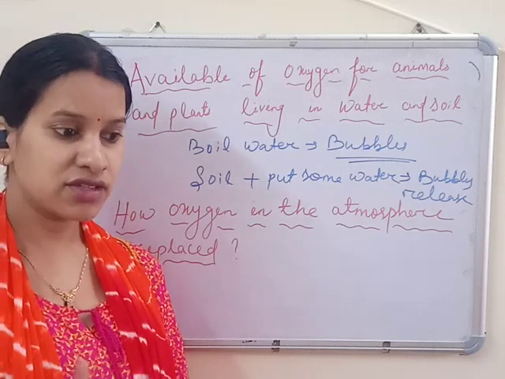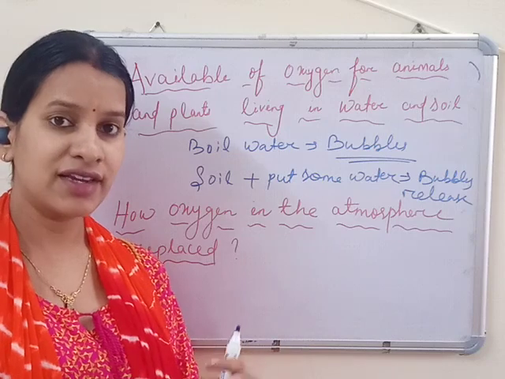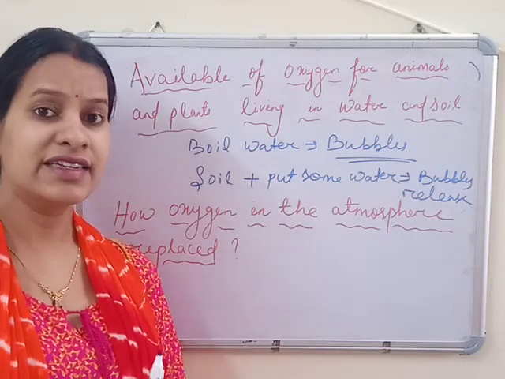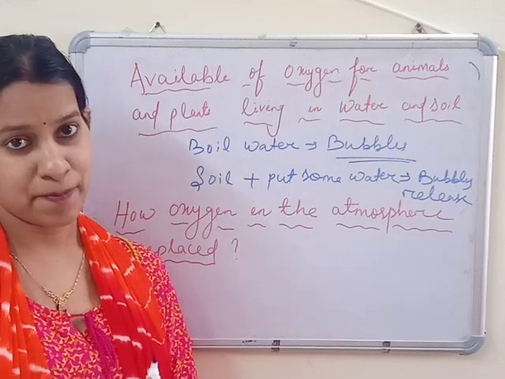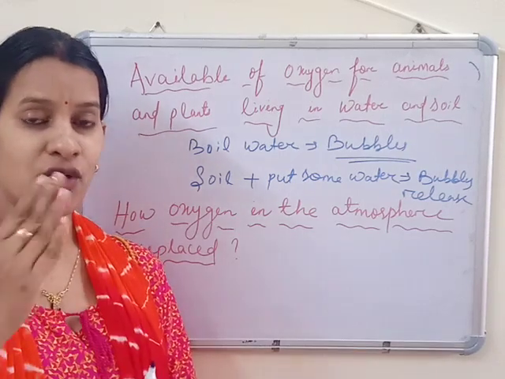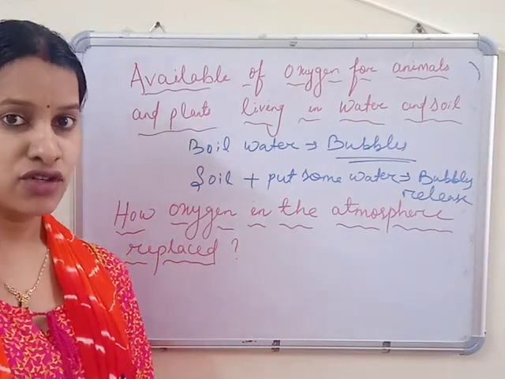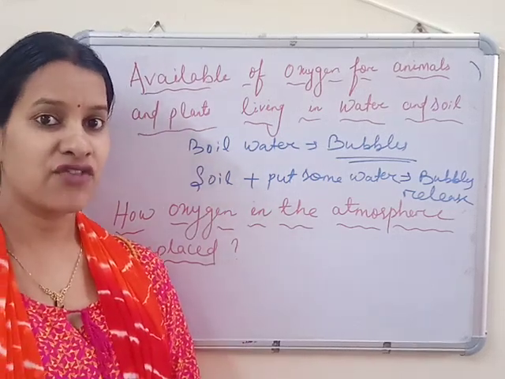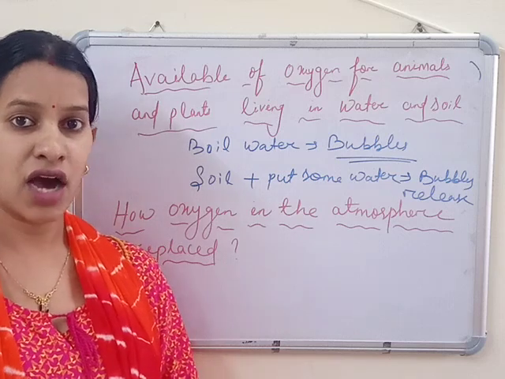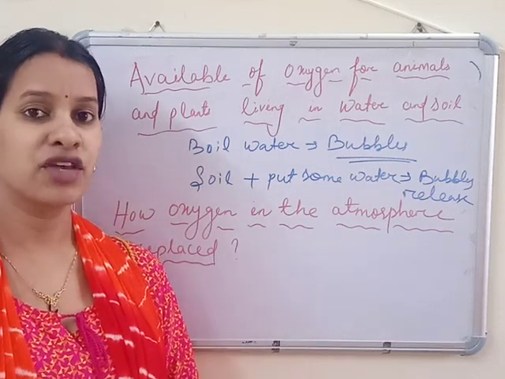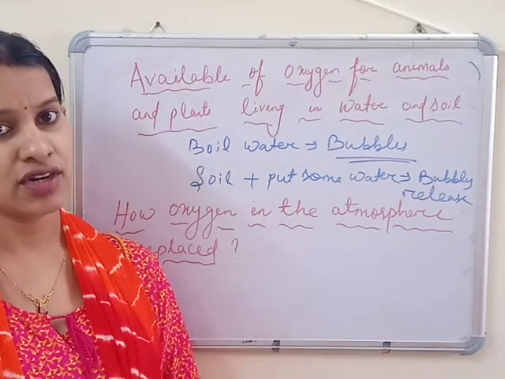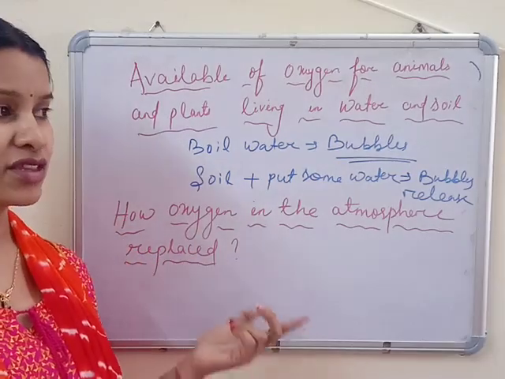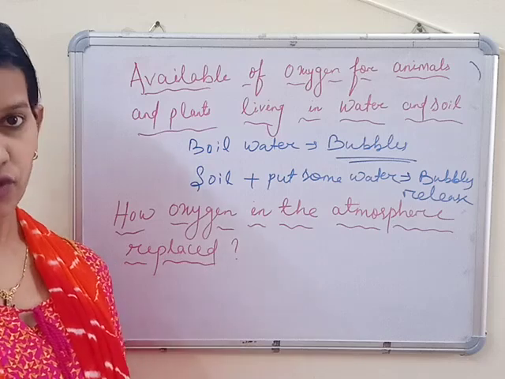If the soil has much water content, there are fewer air spaces, so the earthworms are unable to respire inside the soil. That's why they come out, and they respire through their moist skin from the outer atmosphere. This is why we can see earthworms on the surface of the soil in heavy rainfall.